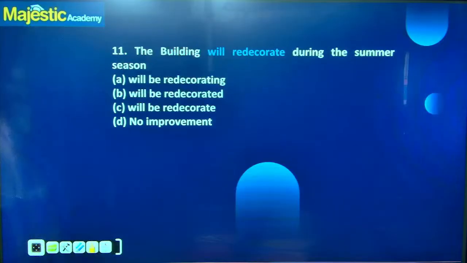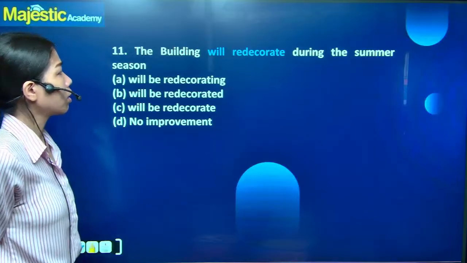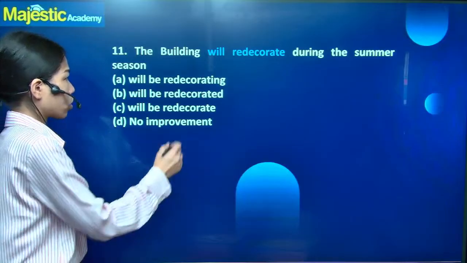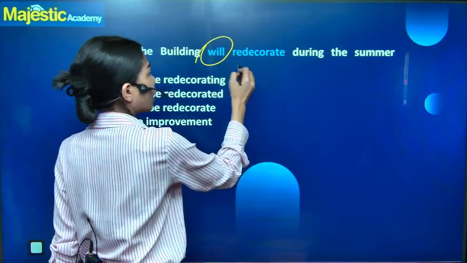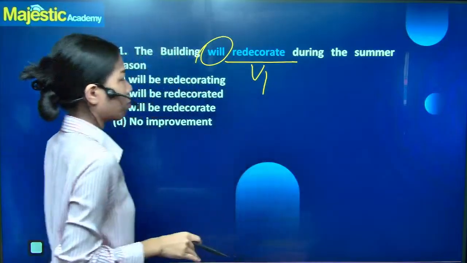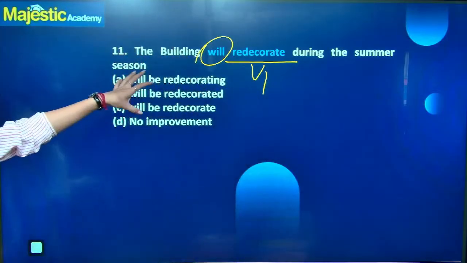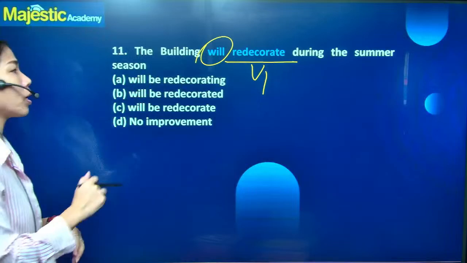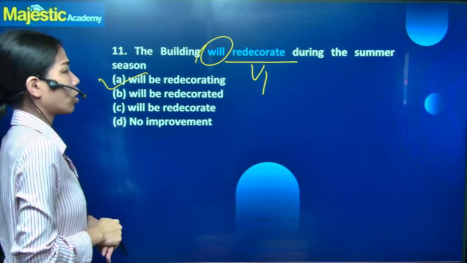Okay, let's move to the next question, question number 11. Question number 11 says, the building will redecorate during the summer season. Again, okay, so again we have a rule for this question. Whenever we have will, we need verb ka first form. Okay, so now the thing is being said in the future tense. So the building, it should be will be redecorating.